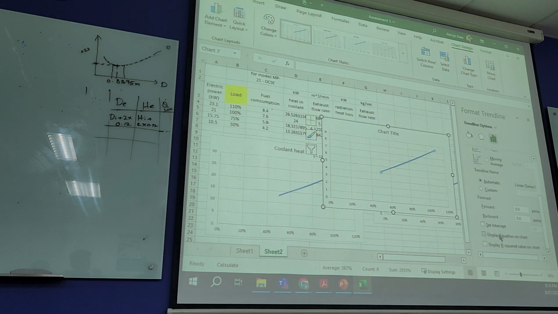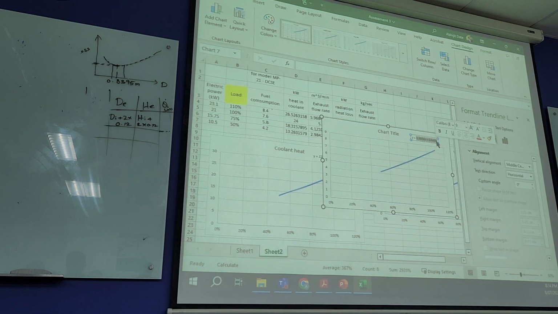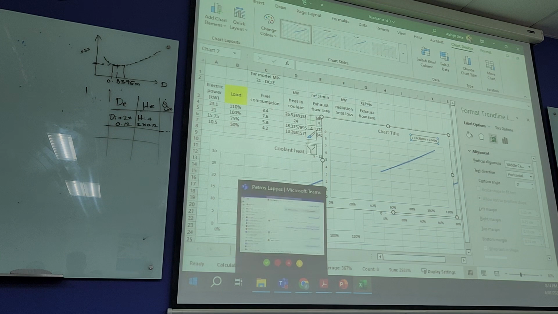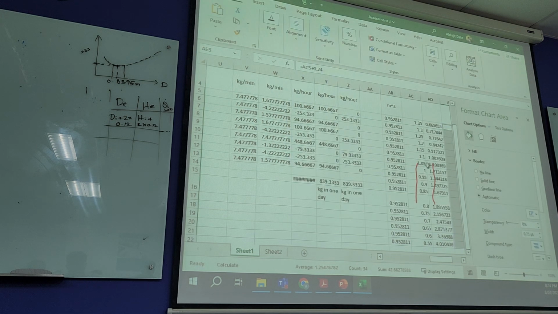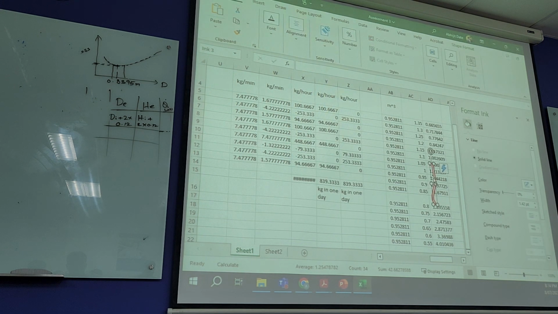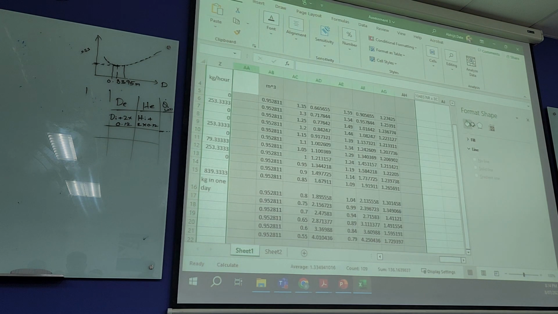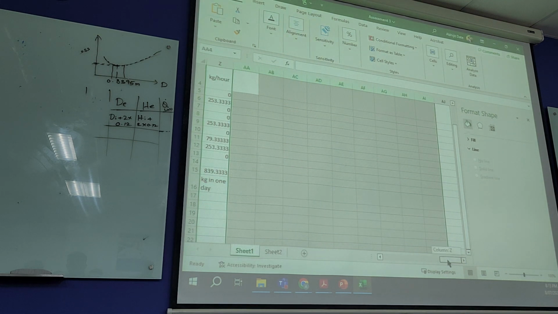Yeah, use the formula. I'll just delete that for now, because they're just interfering. Delete that for now. You don't delete yours, okay?